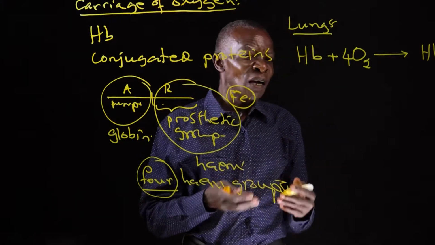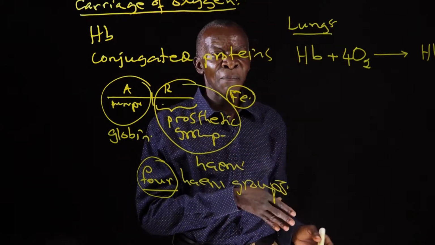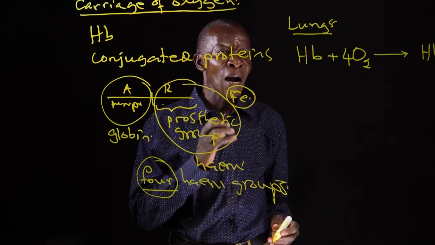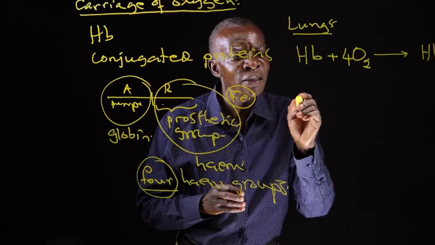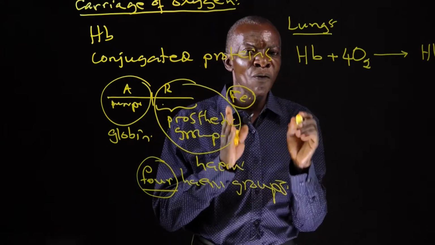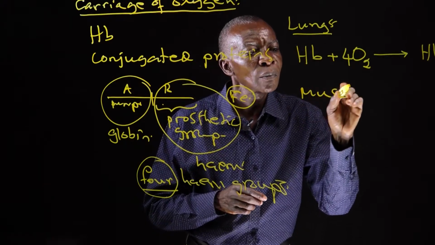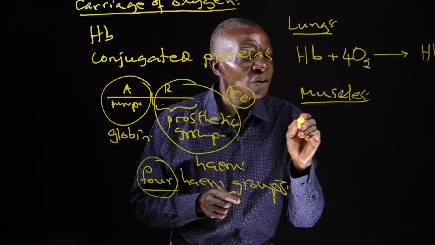By combining with the carbon dioxide, it forms another intermediate product called carbaminohemoglobin. So, in areas where the partial pressure of carbon dioxide is low, for example in muscles, we have this oxyhemoglobin.